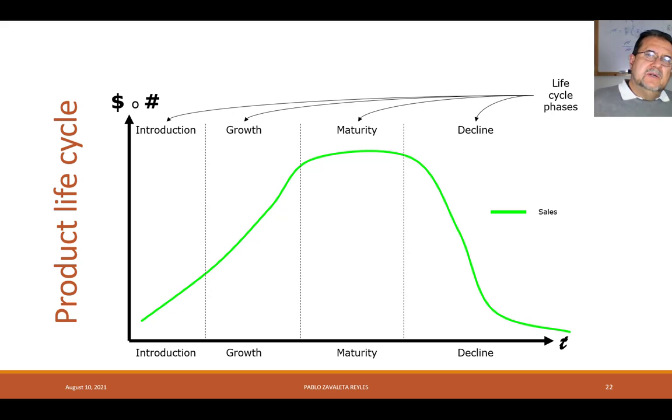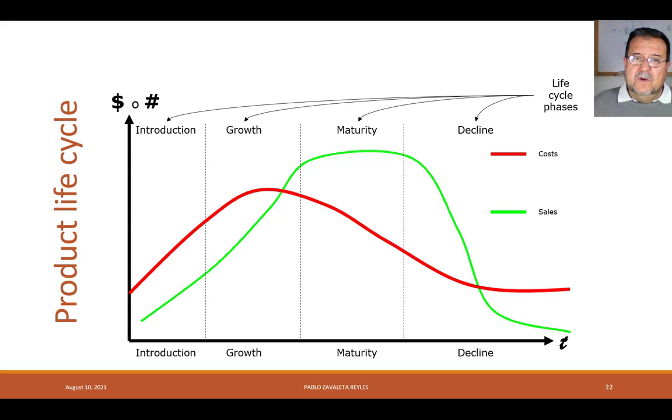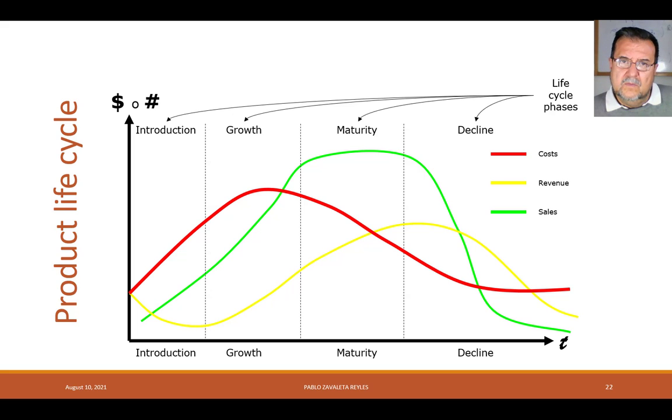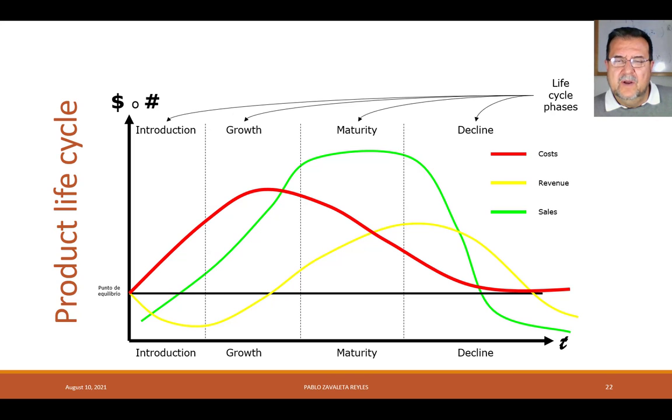Now, costs during each one of these phases have a different behavior. And the difference between sales and costs, as we all know, is what generates revenue. But revenue doesn't imply profits. Let's just use our equilibrium point.